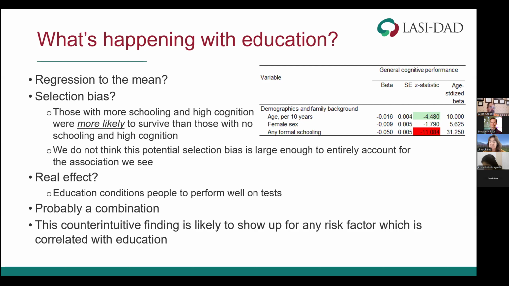Education does condition people to perform well on tests. It's probably a combination of several explanations, and we're actively working on understanding this relationship a little bit more, because this counterintuitive finding is likely to show up for many risk factors that are correlated with education, such as bilingualism and other things.